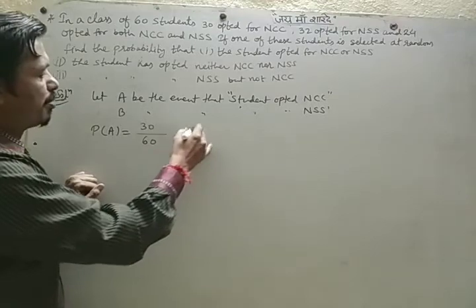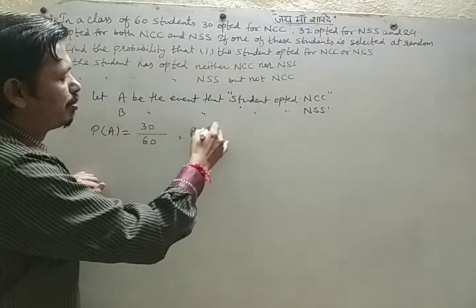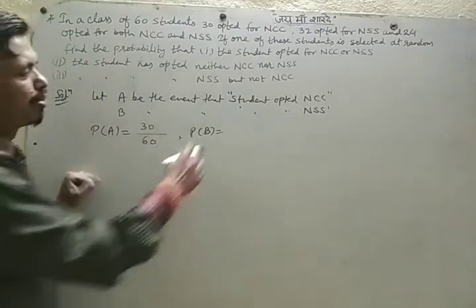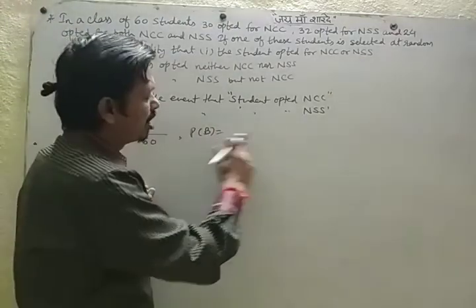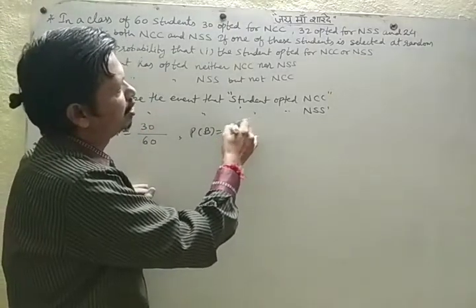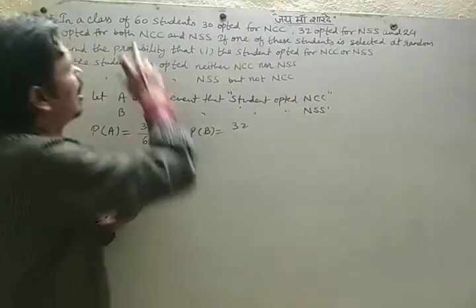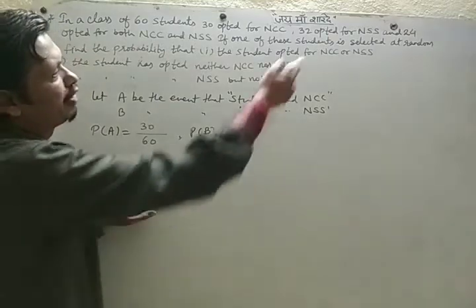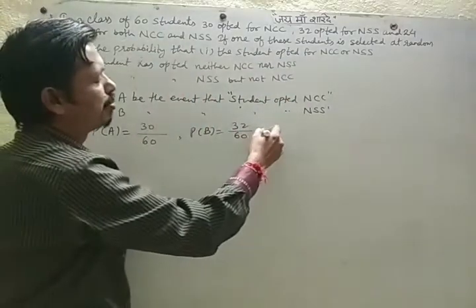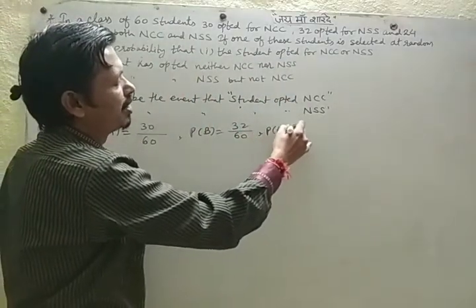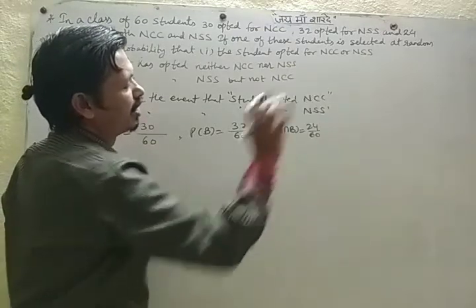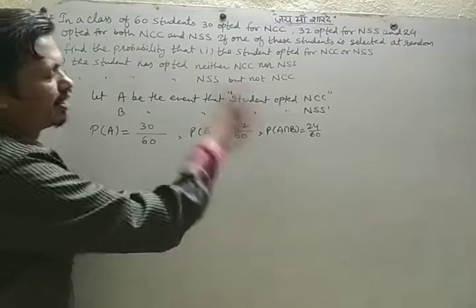Then probability of B, meaning the student opted NSS, is the number of students who opted NSS upon total number of students. So 32 students opted NSS out of 60, 32 by 60. Then 24 students opted both, so probability of A and B will be 24 upon 60. These three things are given in the question.